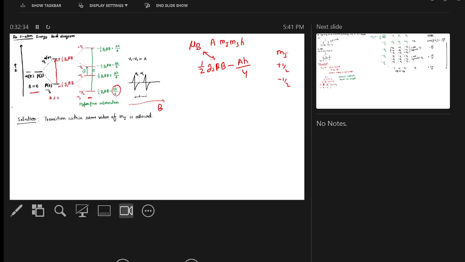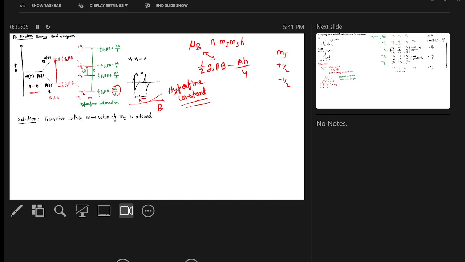You can see here, the separation between two peaks, the separation between two maxima, is called A. This is called the hyperfine constant. We saw it previously also. This hyperfine constant is very useful in some aspects, we will see later. But one interesting thing we observed here is that the transition is taking place between the same Mi value.